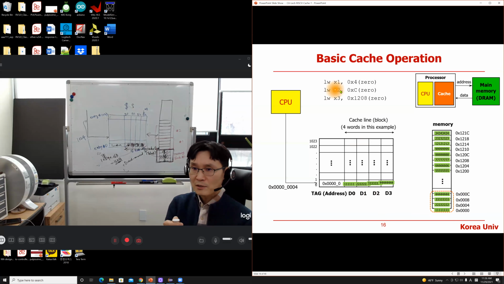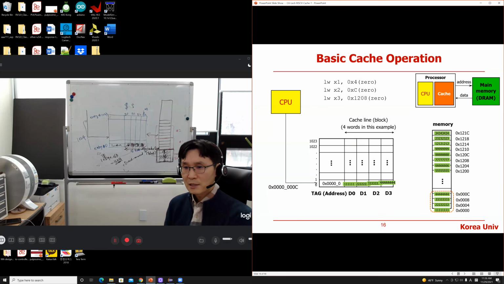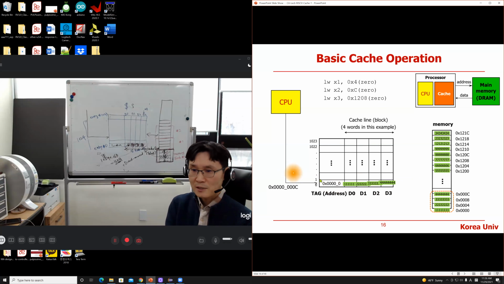How about the second instruction? Read from location C. So the CPU searches the cache first, looks up and selects one cache entry. Then it turns out that the cache is holding the information the CPU requested.